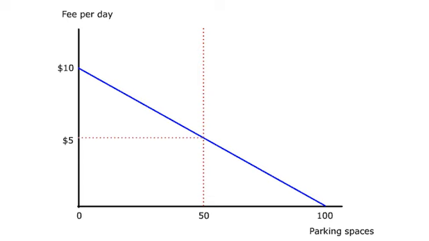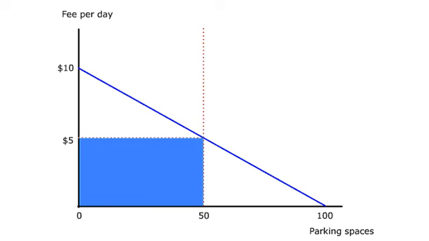Drivers no longer have to waste time hunting for spaces, and those who are not prepared to pay $5 simply look for alternatives. The total benefit of paid parking consists of the blue area and the green area.